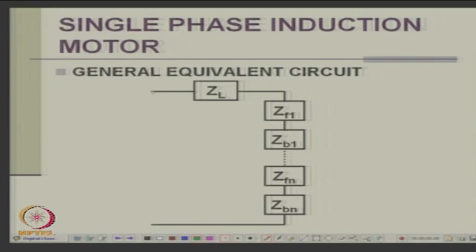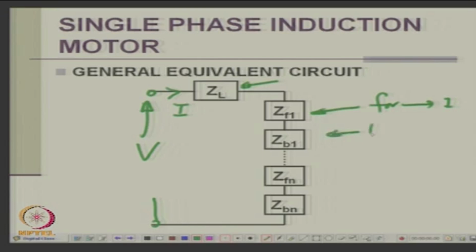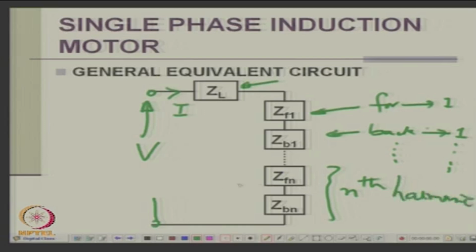We are considering, if you have only one winding, if I apply a voltage V which carries a current I, it will have the leakage impedance, then there is a forward first harmonic or fundamental, backward fundamental, and it goes on to the nth harmonic, ZFN and ZBN.